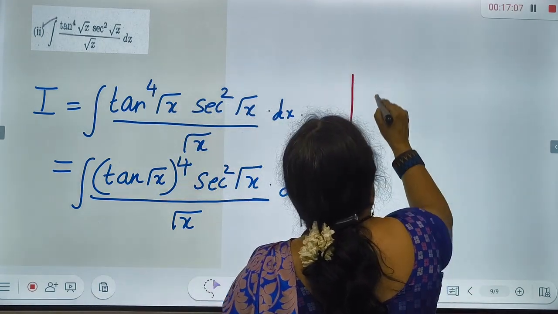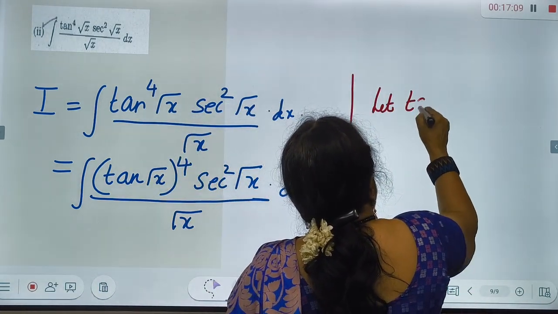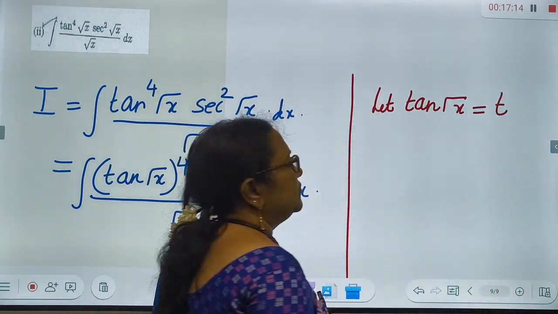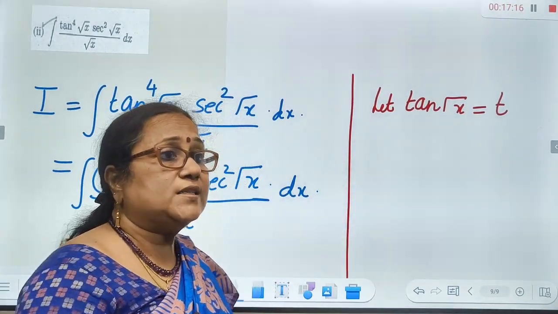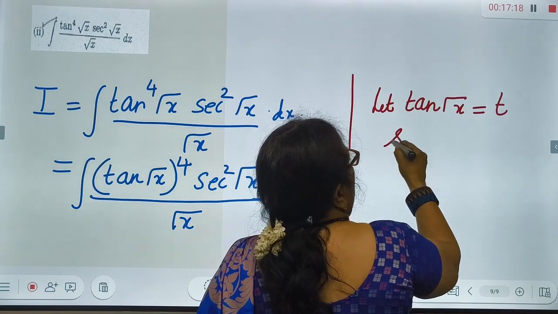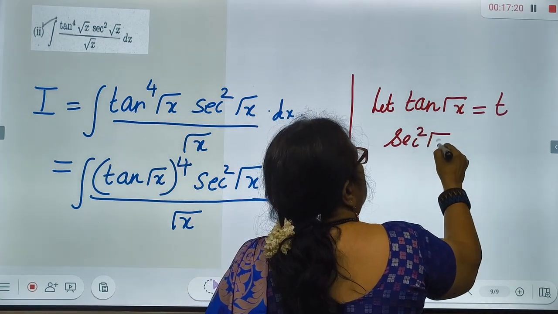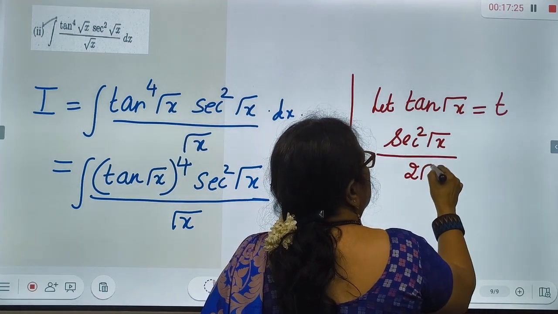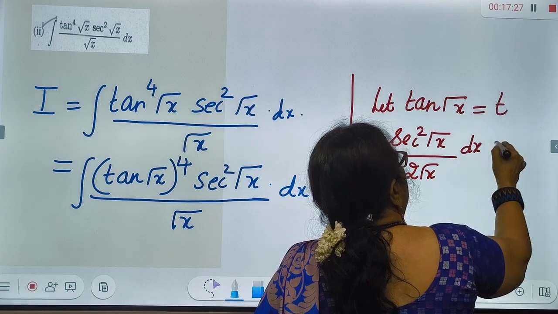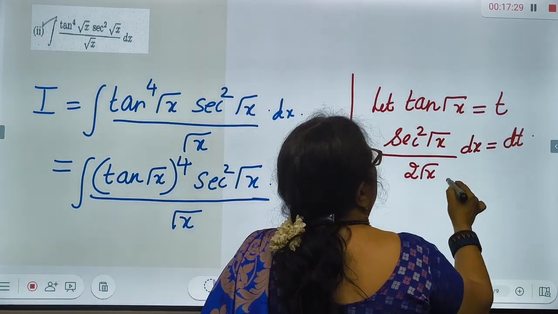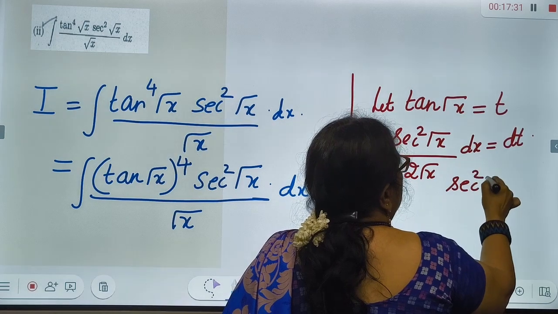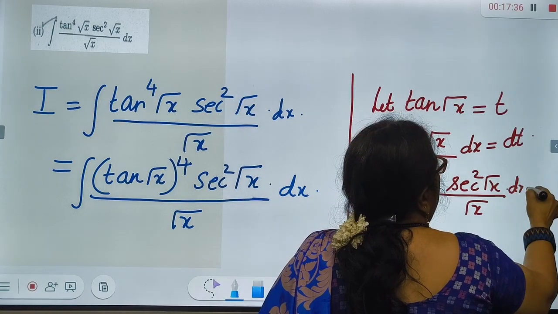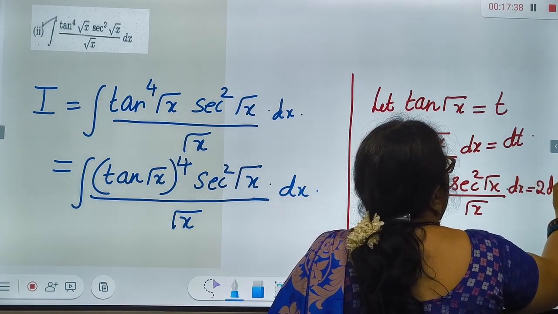So let tan root x be equal to t. Why? Because I know the derivative of tan theta is secant square theta. So the derivative is secant square root x into the derivative of root x, which is 1 by 2 root x, dx equal to dt. So secant square root x by root x dx will be 2 dt.